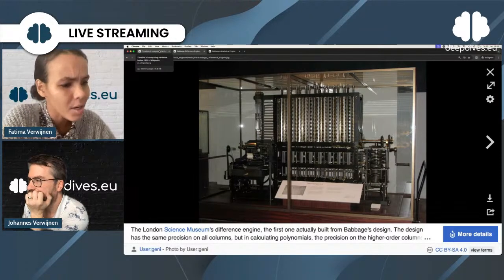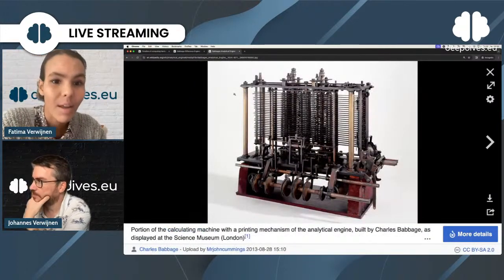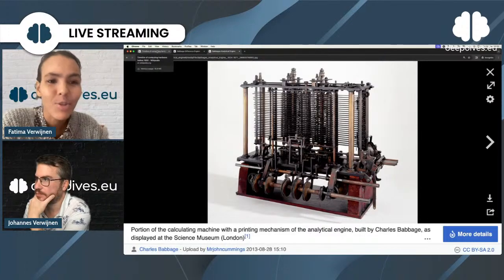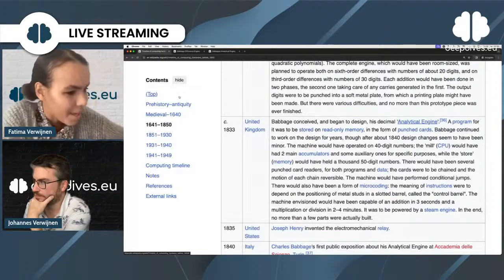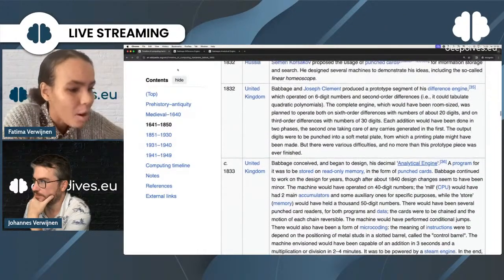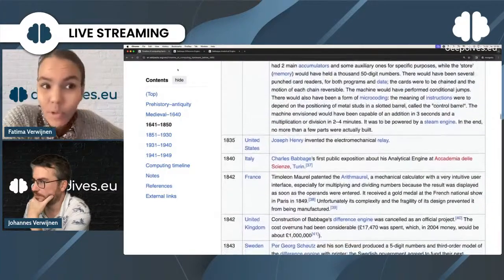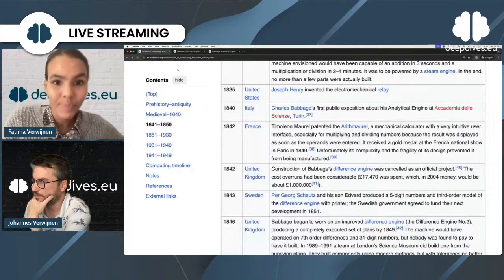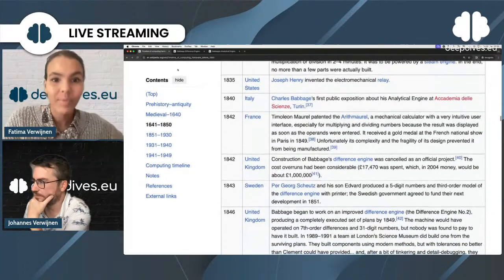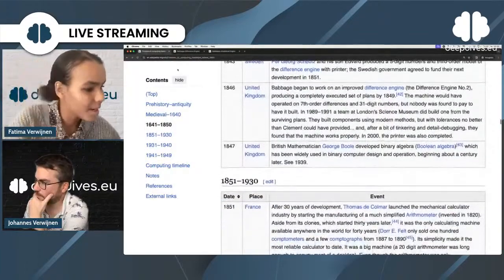The term general purpose computer comes from another great person in the computing science world, Alan Turing. He came up with this term, and it means that it could compute anything that can be computed by any modern computer. It was never built, but it was the first one.